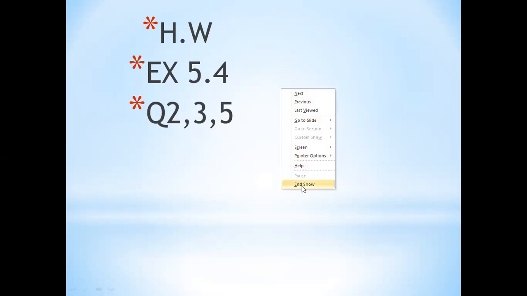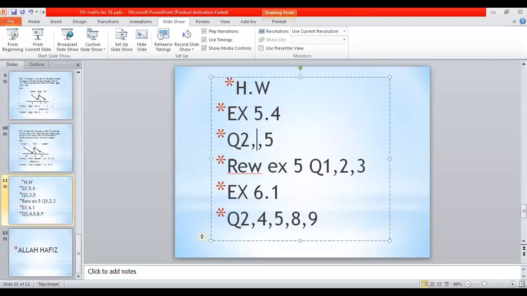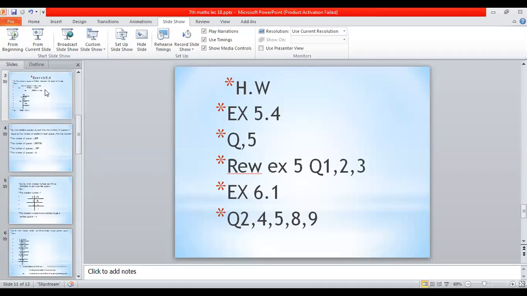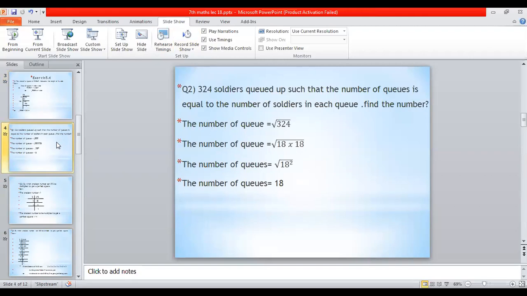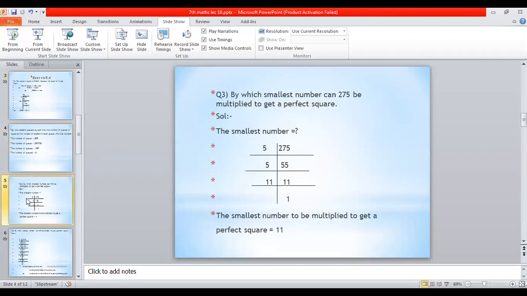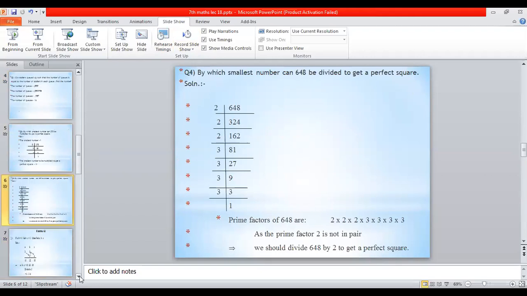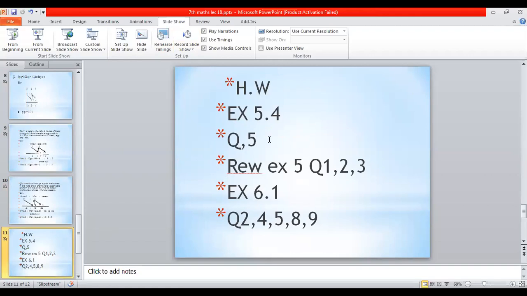By mistake here I wrote 2, 3, 5, but only question number 5. You can check, we did question number 1, 2, 3 and 4. The first 4 questions we already did. So only question number 5 from exercise 5.4 you have to do.